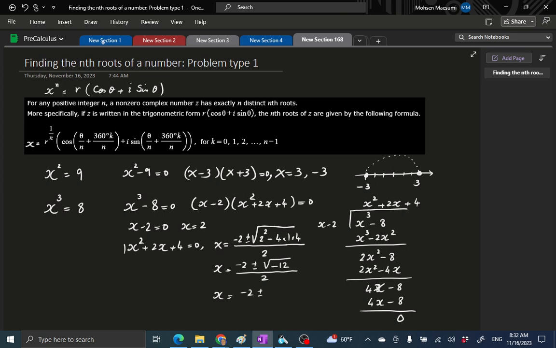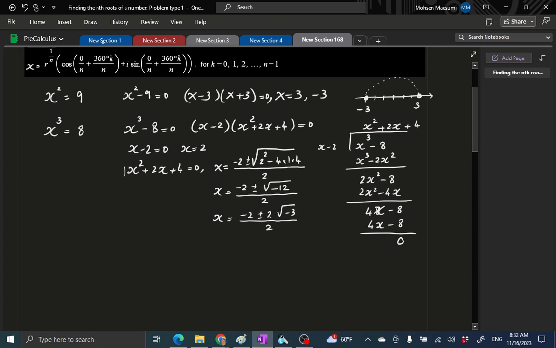Minus 2 plus or minus, write 12 as 4 times 3. 4 comes out as 2, and the square root of minus 3, divided by 2. Factor the 2 and divide. So we get x is equal to minus 1 plus or minus, and write this as we said, radical 3 i.